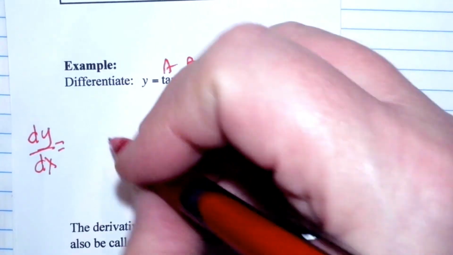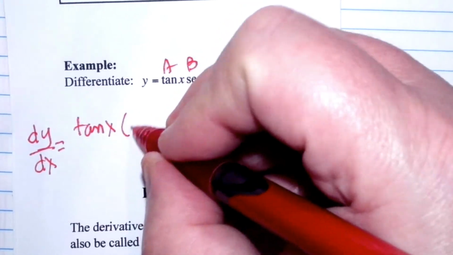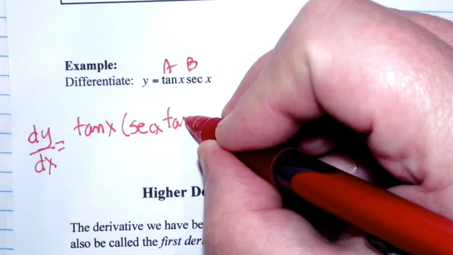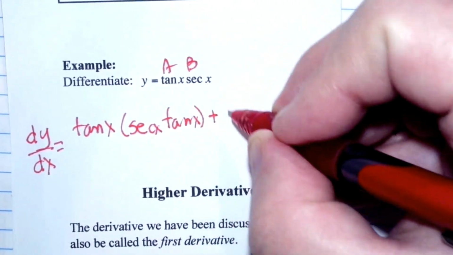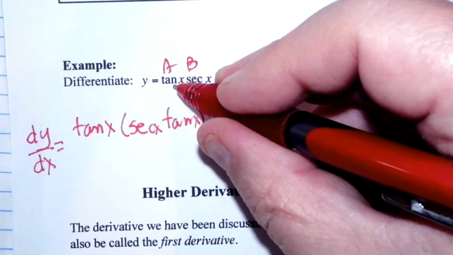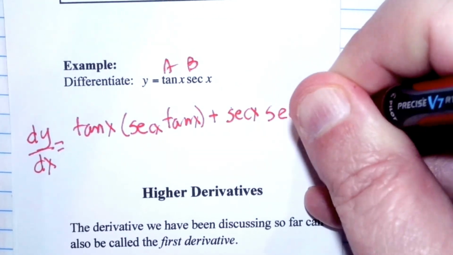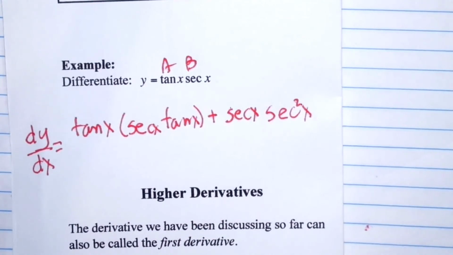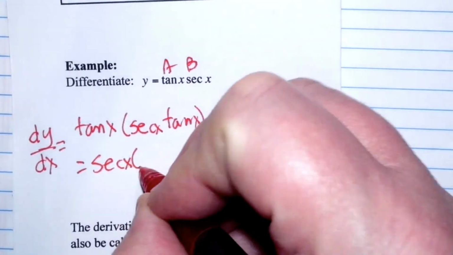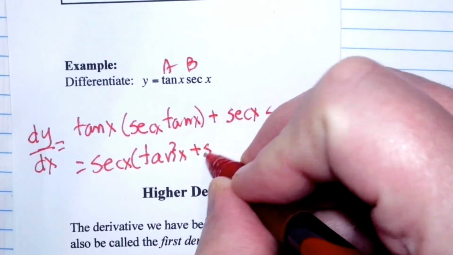So the derivative is going to be the tangent of x times the derivative of the secant x, which is secant x tangent x, plus secant x times the derivative of the tangent x, which is secant squared x. And there appears to be a common factor of secant x, so I'm going to take that out. And that will leave tangent squared x plus secant squared x.